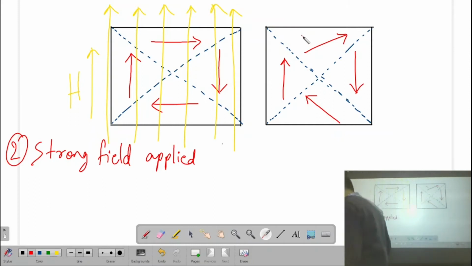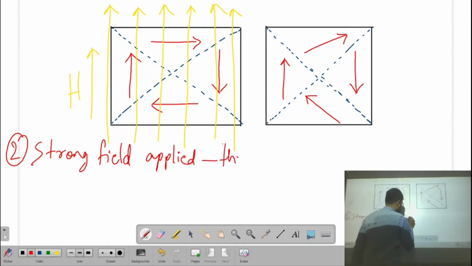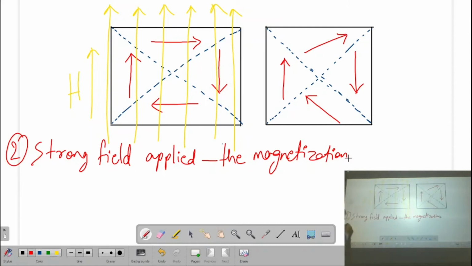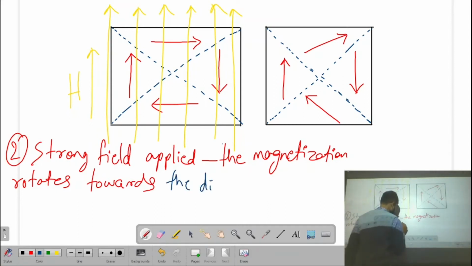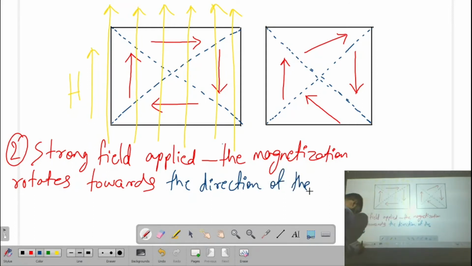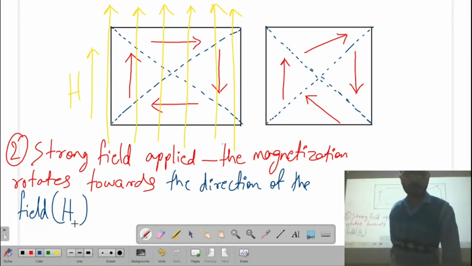Let us see the words here. What has been written: the magnetization rotates towards the direction of the field H.